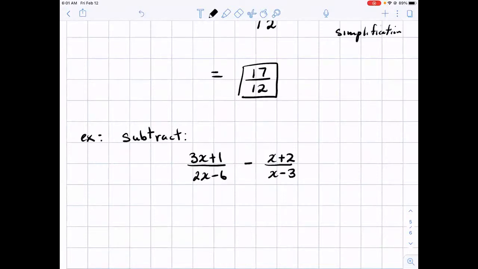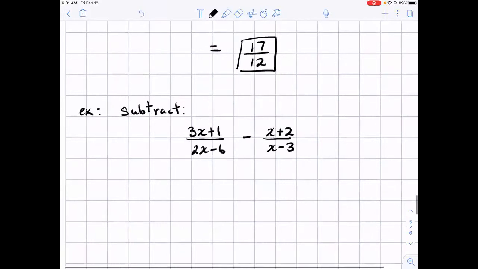So here's the first thing I'll do. Step 1, we notice that the denominators are different.